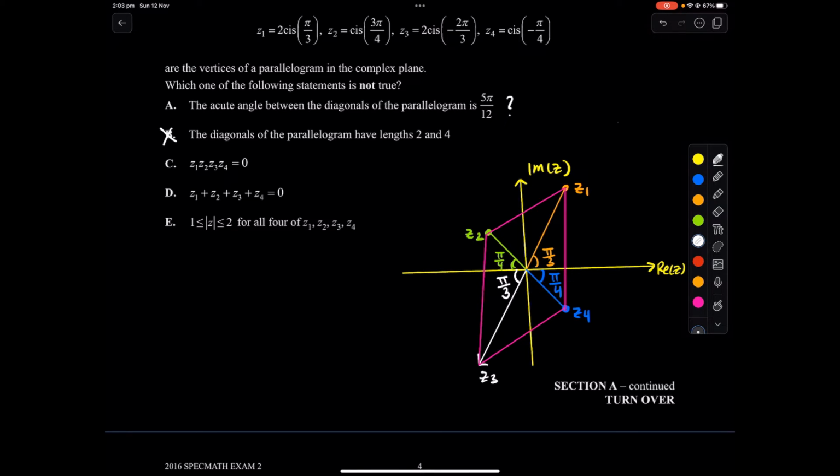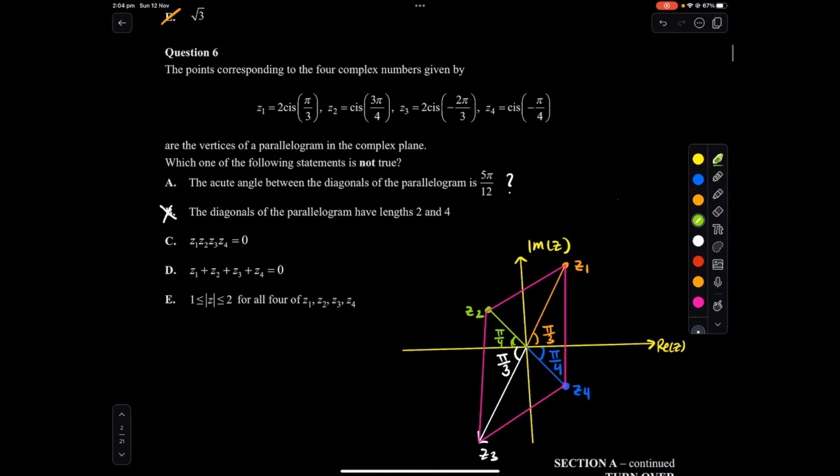We want the false. Next one, multiplying them all together should equal 0. Well, let's check that. If I multiply all of them, that should equal 0. What I'm going to do is multiply this with this one first, because they have a radius of 1, so it's going to be cis 2 pi on 4, which is just pi on 2, multiplied by these two together, which is 4 cis 1 minus 2, which is negative pi on 3.